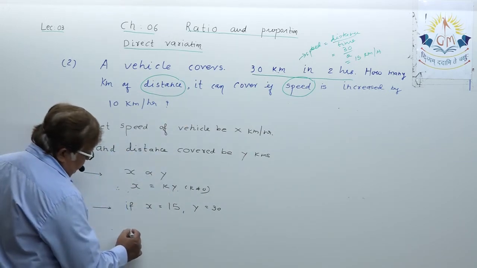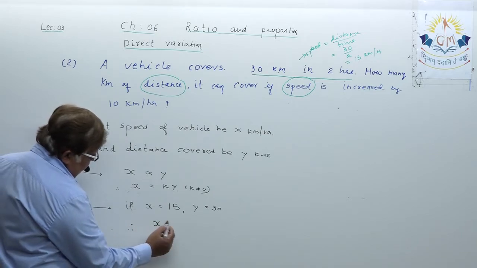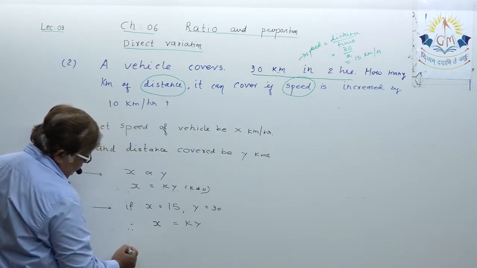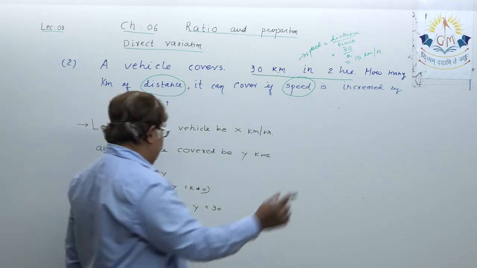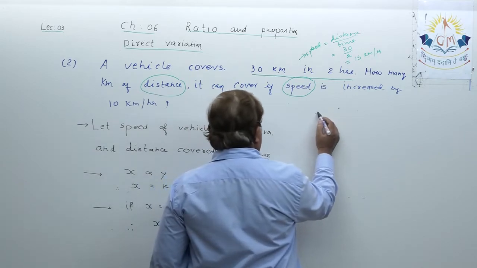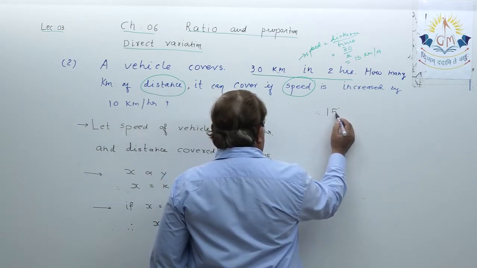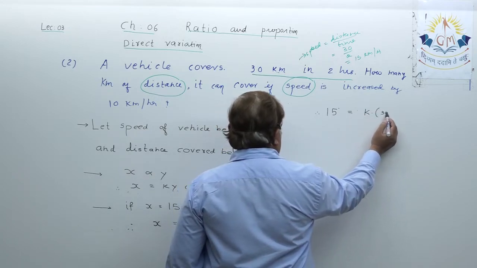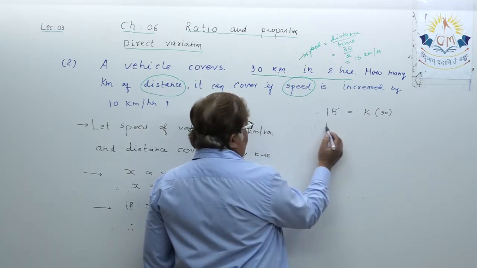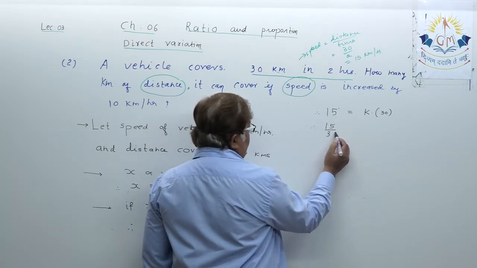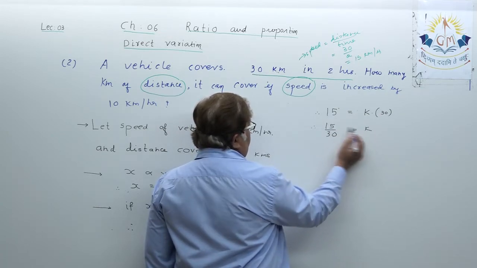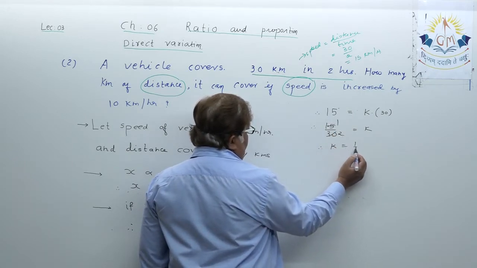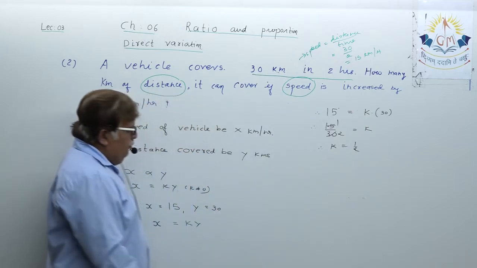Let us put the value x equals k y. Now I am continuing here. So 15 equals k into 30. Understood? 15 upon 30 equals k. Just cancel. k equals 1 upon 2.